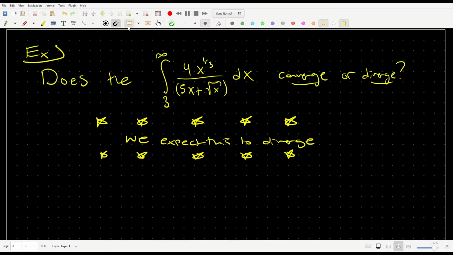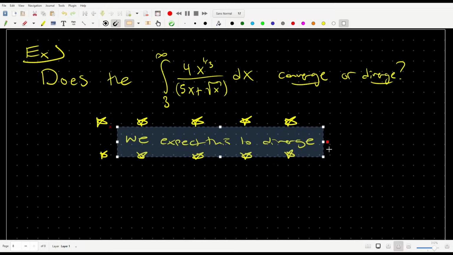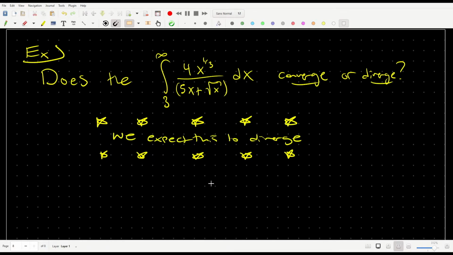This is that rule of thumb method that isn't equivalent to doing the actual test itself, but is something that's important to do at the beginning of these problems to get an idea of whether you expect the integral to converge or diverge. I'm not going to repeat that process here because I already did it in the previous example, but definitely go back and take a look at that if you want to remember that. But this is what we're going to expect here.